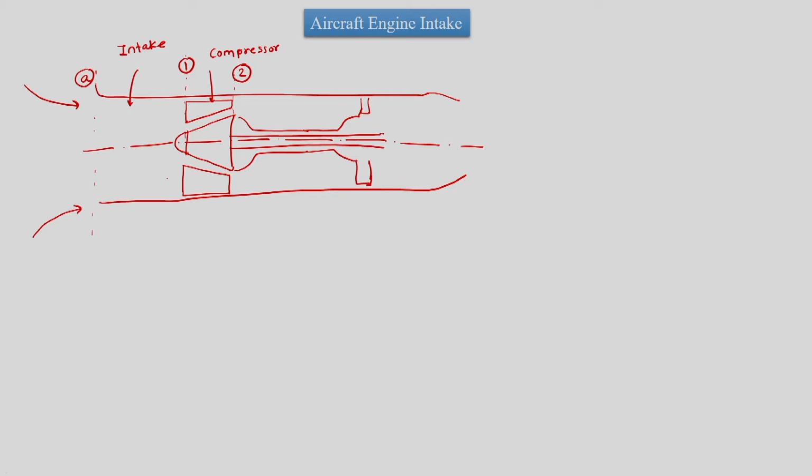Before the turbine we have the combustion chamber. For the combustion chamber the entry state is state 2 and the state at the exit is state 3, and then we have the turbine where the entry state is 3 and the exit state is state 4.